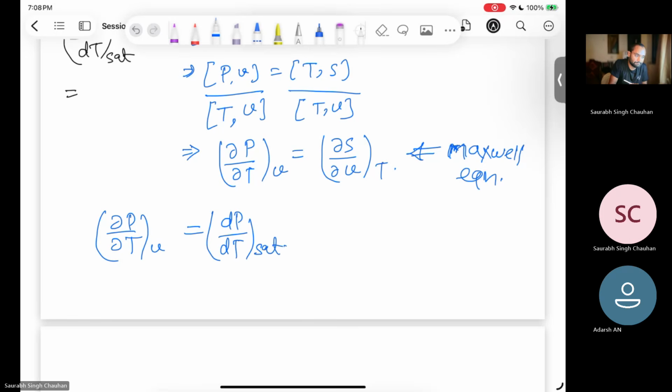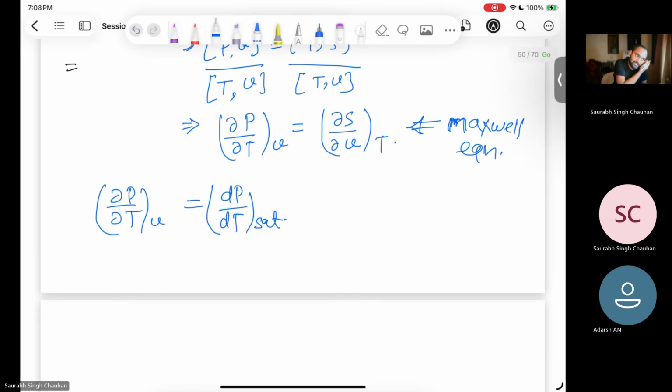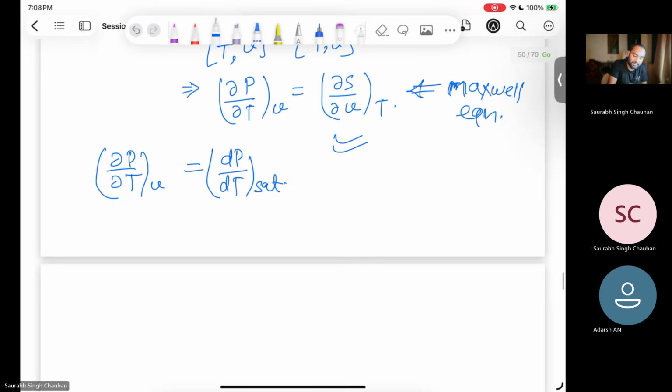So now the first term is okay, there is no problem. We now have this second term, del S by del V at constant temperature.